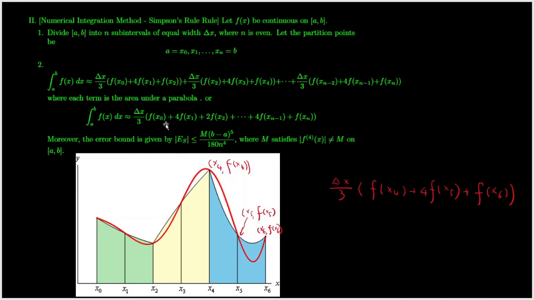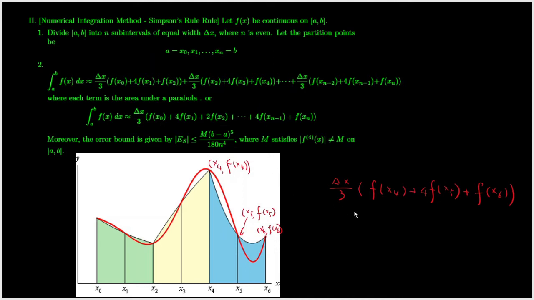For all the terms in between, the coefficients are alternating between 4 and 2. You see 4 times the value of the function at x1 plus 2 times the value of the function at x2. The next term would be 4 times the value of the function at x3. Anyway, 4 and 2, the factors are alternating. And then you have the values of the function at x1, at x2, and so on.